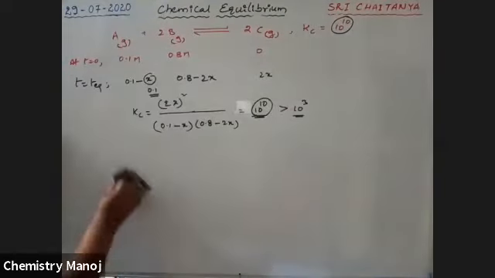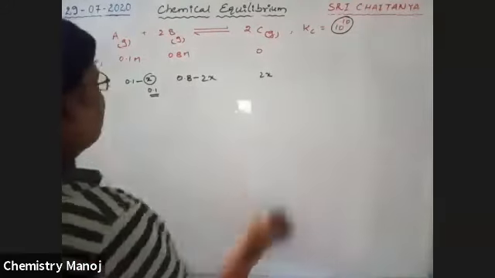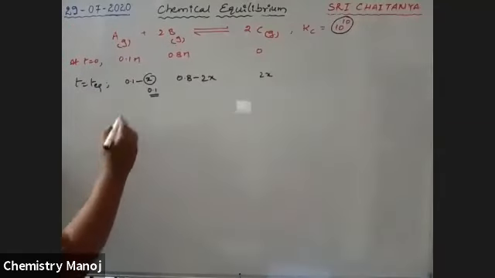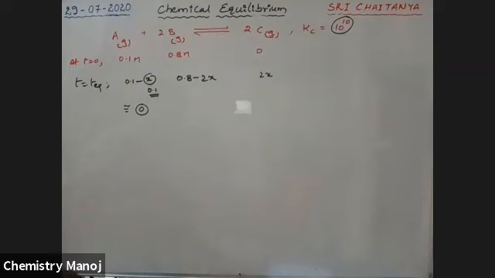Because Kc is 10 power 10, the reaction is almost going to completion, so the concentration of A is almost 0 only.